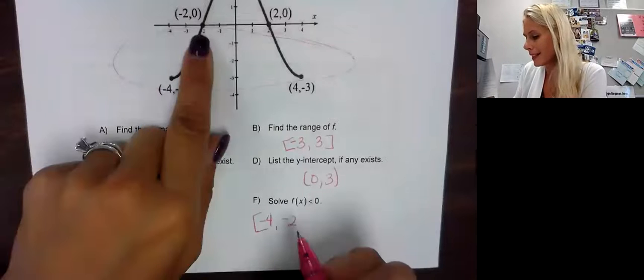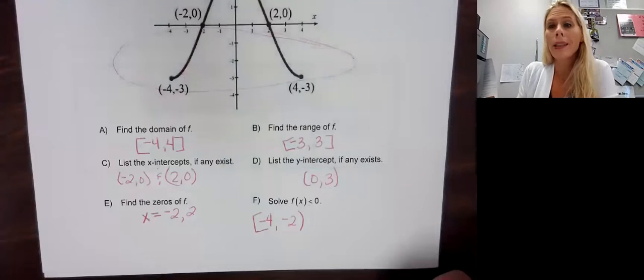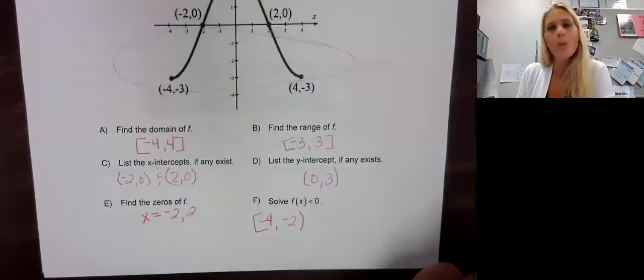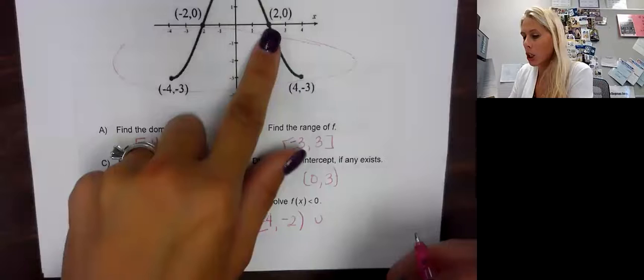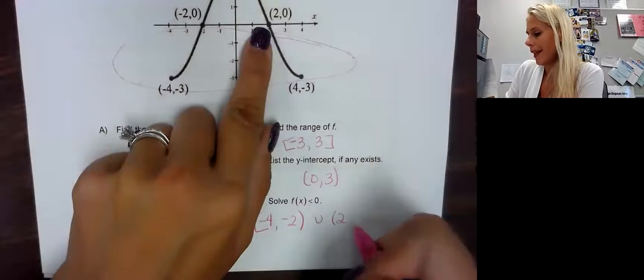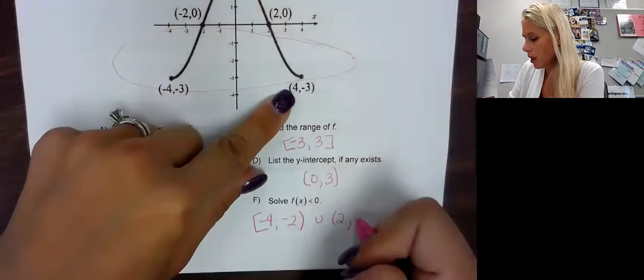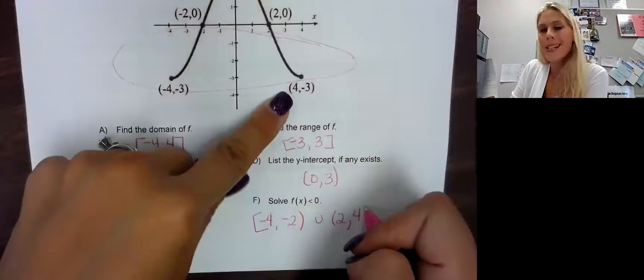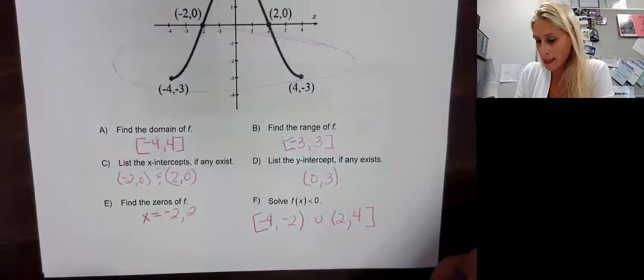But because at -2 it's a 0, you have to put parentheses, because at -2 it is not under, it's on. And then where does it start being under again? It starts being under at 2 and ends at 4. Don't forget, you need the x values, not the y's.